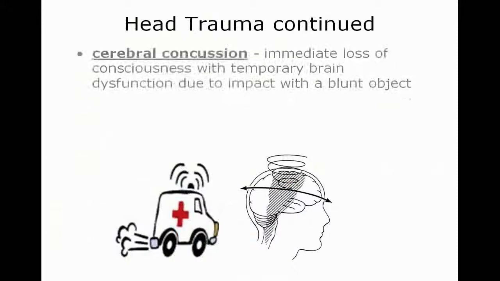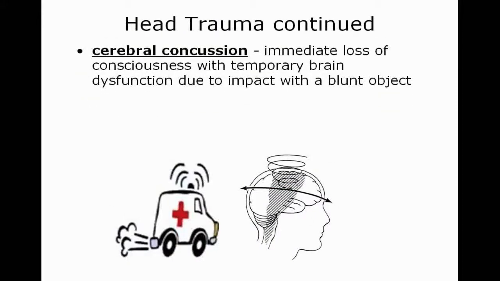All right, other forms of head trauma, the cerebral concussion. The person may have immediate loss of consciousness, but it's short-lived loss of consciousness. And again, it may be because of a car wreck hitting their head really hard, or that they got hit in the head with some object, but it's a very temporary brain dysfunction.